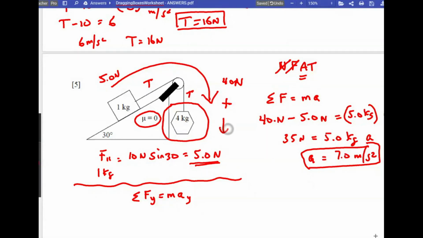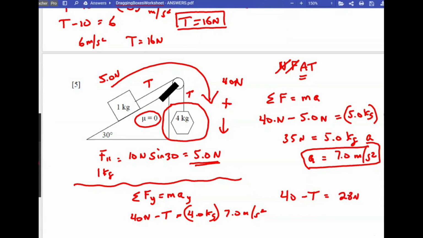Well, we call this positive, so it's 40 newtons minus T. What is it accelerating? Only the 4.0 kg mass. And we've already found that 7 meters per second squared. So 40 minus T is 28 newtons. So 40 equals 28 plus T, and T is 12 newtons.